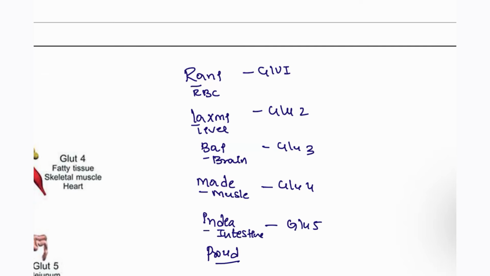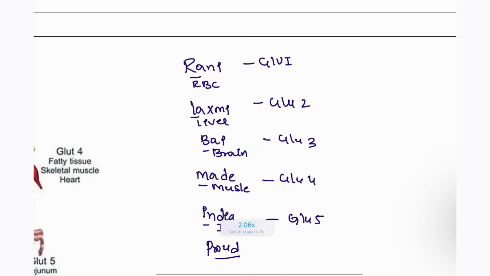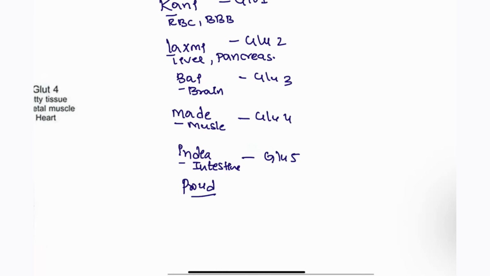What else is present here? In the RBC, the blood brain barrier will also be present. Next, liver; in this place you are also going to have the pancreas, which has GLUT2. Next, brain and sperm consist of GLUT3. Next, muscle, which we discussed, and fat also consist of GLUT4, and also heart.